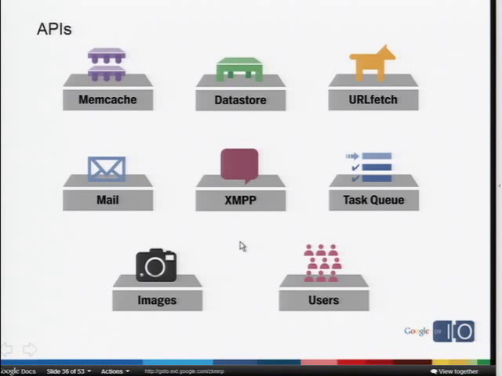There's the mail API. And then two new ones that we haven't really talked about before are the XMPP API, which is on our roadmap. Kevin talked about it this morning. And then the Task Queue API, which is for offline computation, which is something we're really excited about. There's a talk later in the conference about a look ahead at offline processing for App Engine, which I encourage you all to go to. Additionally, we have images and users.